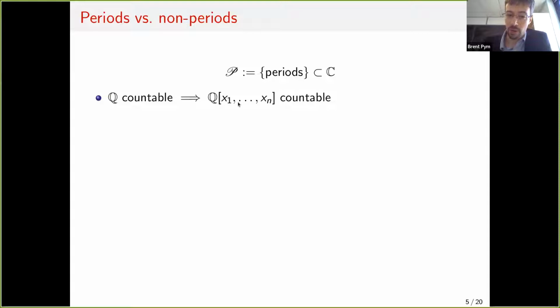And therefore, actually the polynomials in arbitrarily many variables with rational coefficients are also countable, because to specify such a polynomial, I need to specify the coefficient of every monomial, but there are only countably many monomials, just the different powers of the x's. So the polynomials form a countable set, but the periods are constructed just by choosing a bunch of polynomials, but only finitely many to define any period. And therefore, the set of periods has to be a countable set.